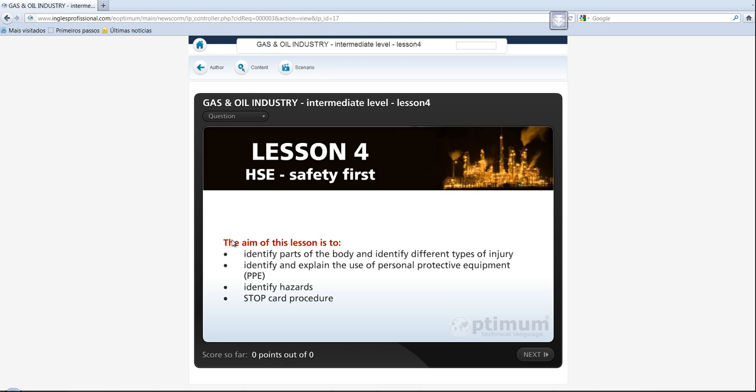And also in this lesson we're going to talk about the stop card procedure. Stop cards might have different names, but in a nutshell, a stop card is a card that you use to identify potential risks and behaviors in your workplace.